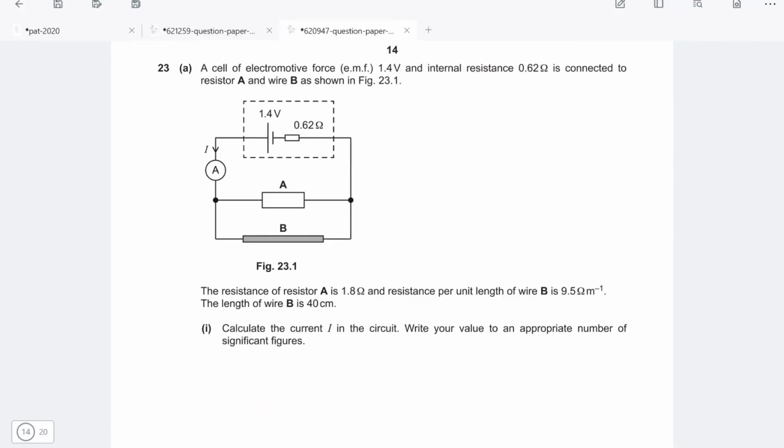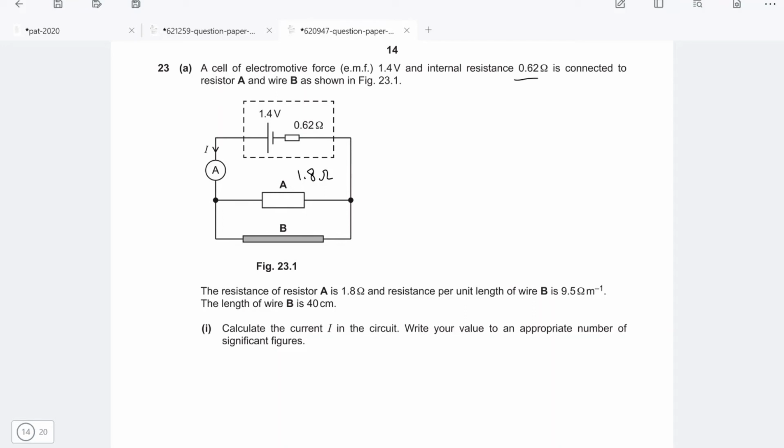Question 23, we have a cell of an EMF 1.4 volts and an internal resistance of 0.62 connected to two resistors A and B. Now the resistance of resistor A is 1.8, like so, and the resistance per unit length of wire B is 9.5.